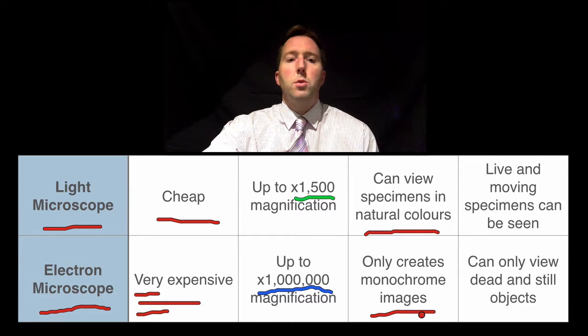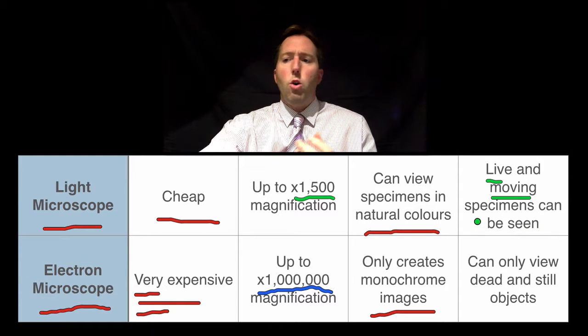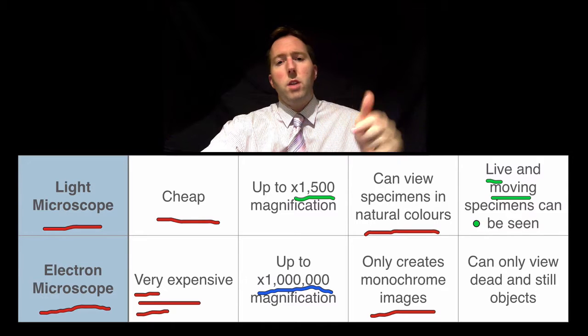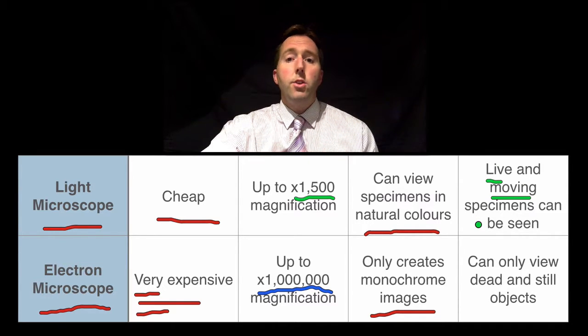And really the last difference between a light microscope and an electron microscope is that using a light microscope, you can actually see live and moving specimens. So if you get a tiny aquatic organism, or even some cells where there's some cytoplasmic flow, some of the parts of the cell are moving inside, then you can see things moving around on the microscope, which can be really informative when you're studying biology.